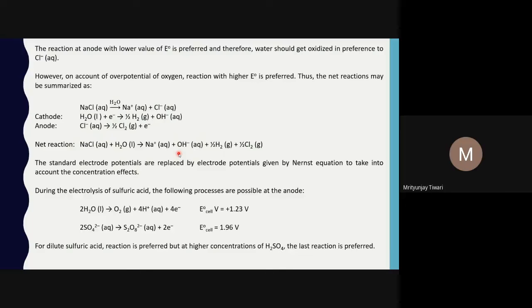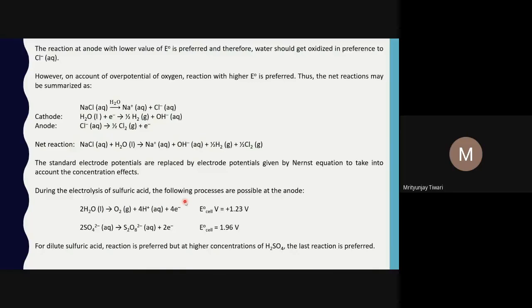Wherever the concentrations are changing during a cell reaction, we use the Nernst equation to find the E cell at a given time. The Nernst equation is: E cell is equal to E naught cell minus RT divided by nF log of the concentration of ionic product divided by the concentration of ionic reactant, and that is the Nernst equation we need to use.